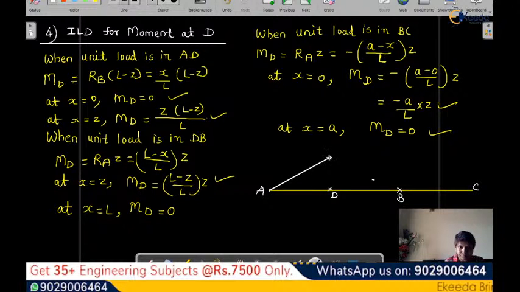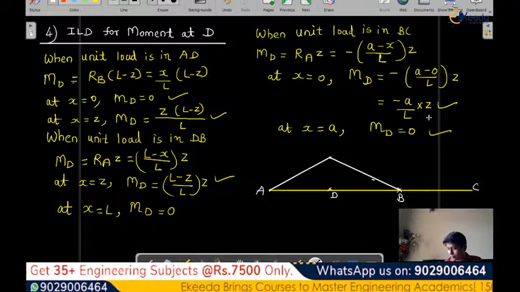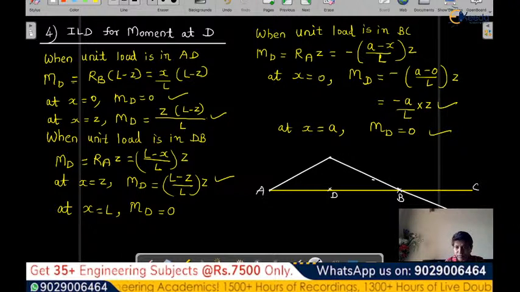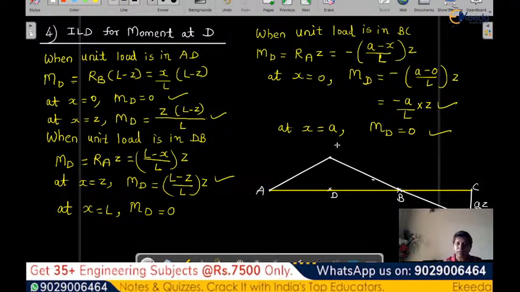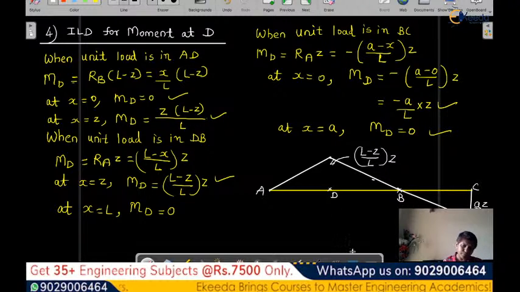So let's join this point. And this ordinate, and then at this point it is minus A into Z by L, and this ordinate is (L minus Z) by L into Z. Okay, so this is the case.